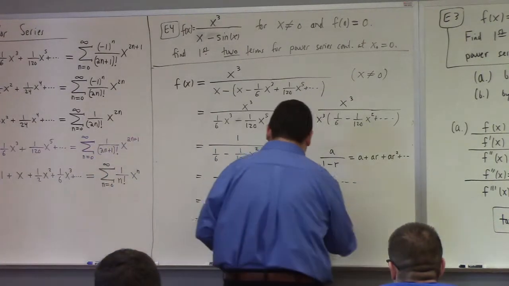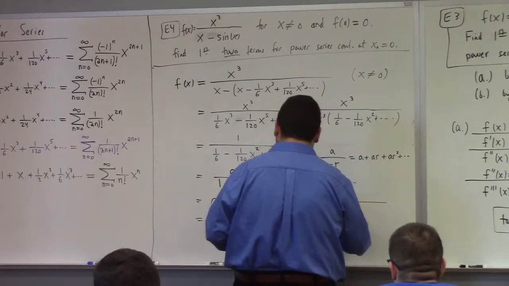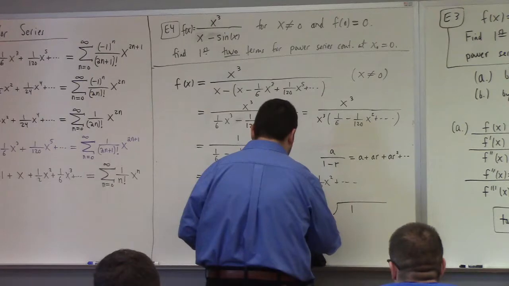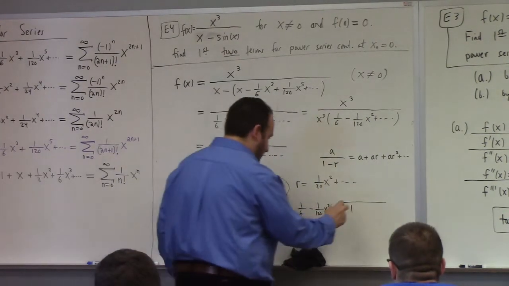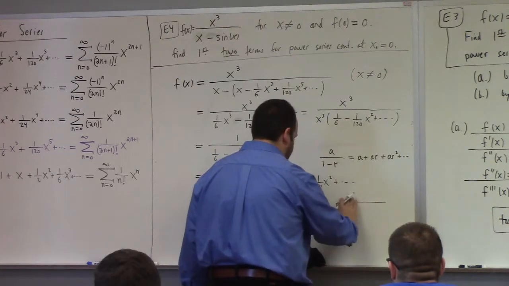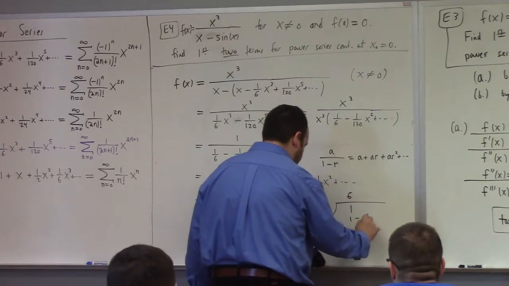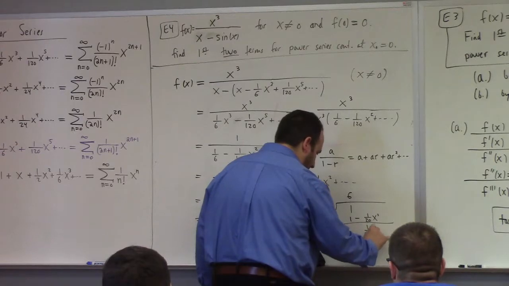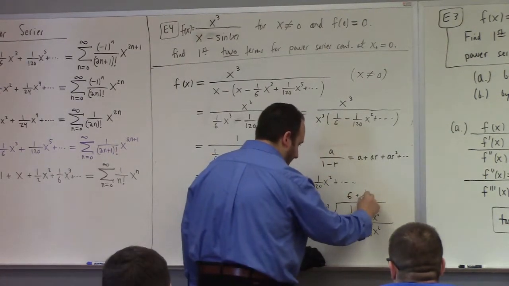Listen, if this doesn't float your boat, we could also do long division: 1 divided by 1/6 minus 1 over 120 x squared. So we're dividing this into 1. We start with 6, because 6 times 1/6 gives me 1 minus 1 over 20 x squared. Take the difference, you get 1/20th x squared. So then I say, okay, so plus 1/20th x squared.